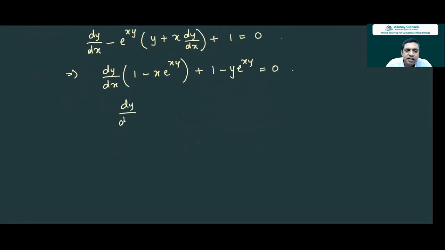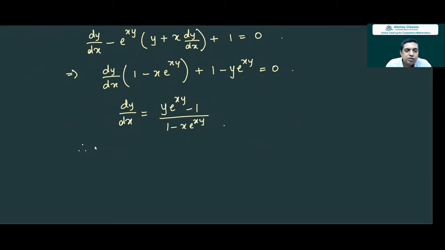Now dy by dx is, sorry, it's the other way, y e power xy minus 1 upon 1 minus x e power xy.